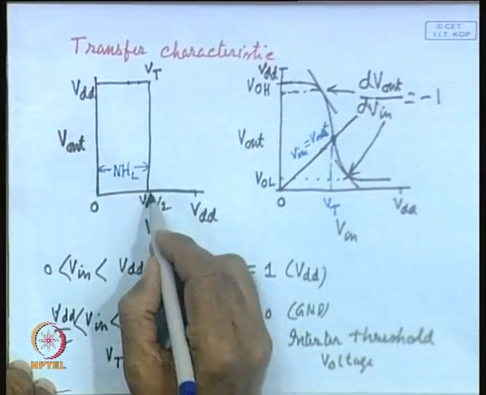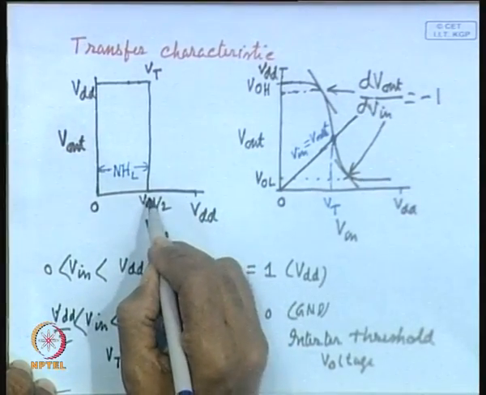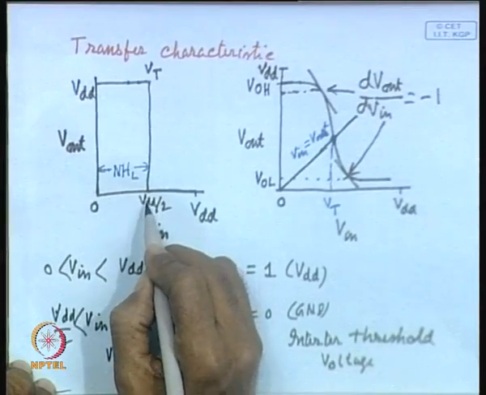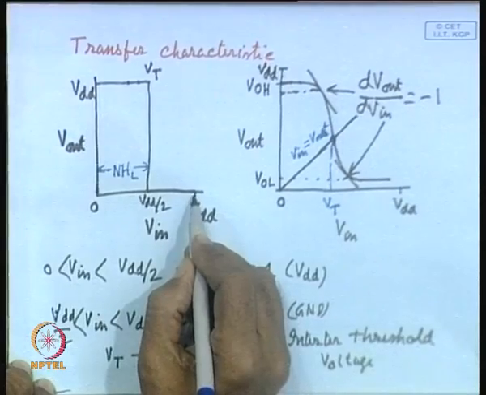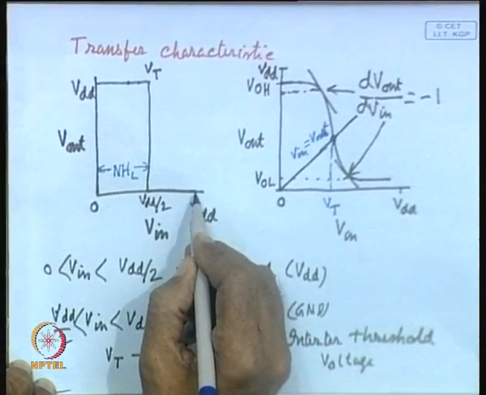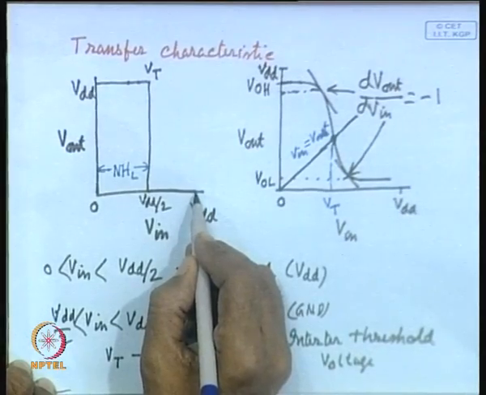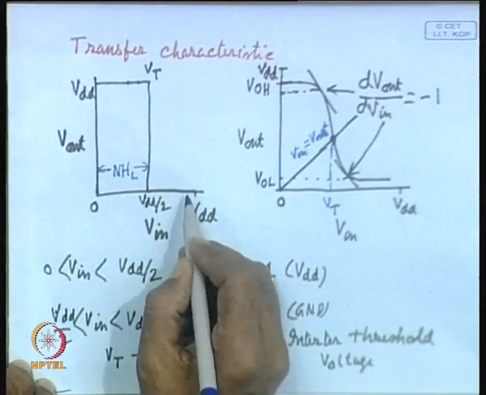Similarly, you can see here, as long as the input voltage is in the range VDD by 2, now ideally it should be VDD. That means, in case of digital circuits, for an inverter to get 0 output, your input is VDD, high, but there may be noise because of some transition occurring in some other circuit that will change the ground voltage, and there will be noise because of industrial and various other reasons.